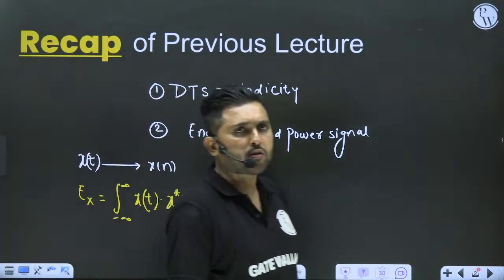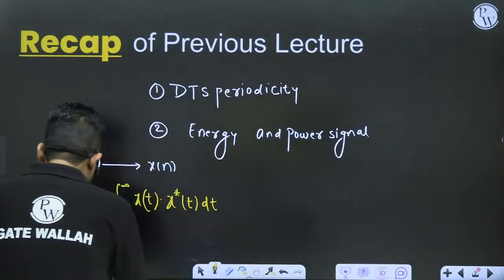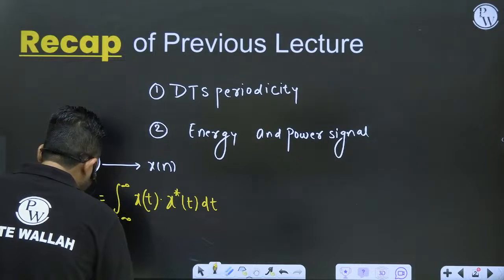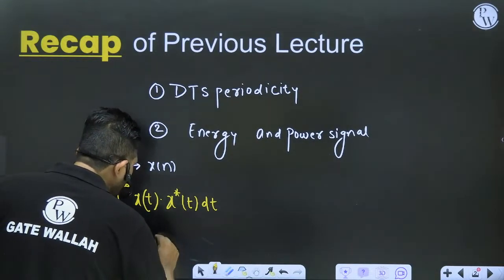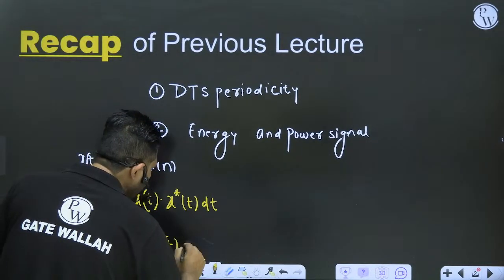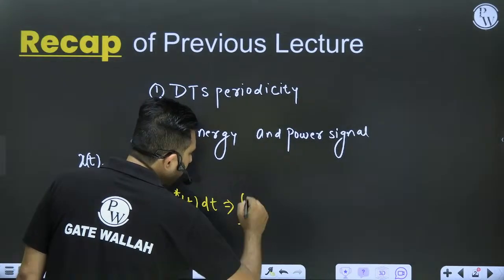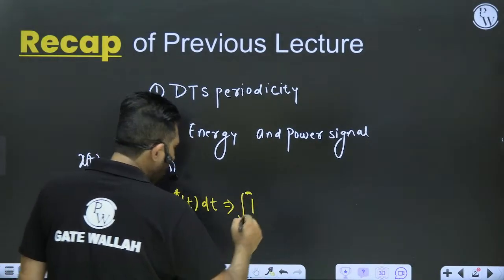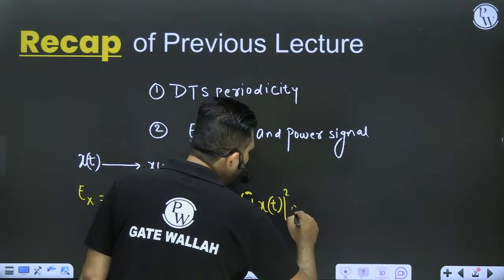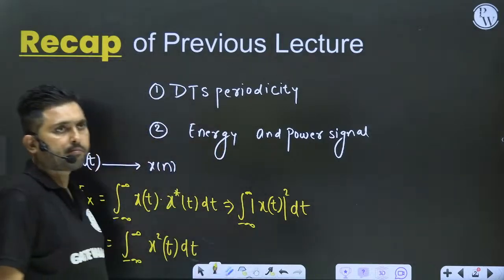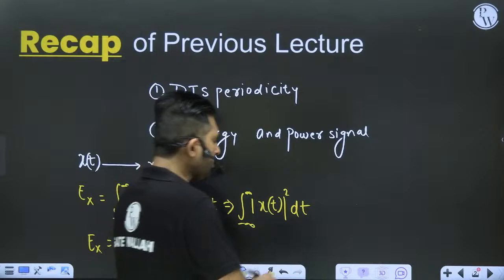If the signal is completely real, this can also be written as the integral of x squared t dt, or the integral of mod x(t) whole square dt. This is what my energy is, this is what my Ex is.